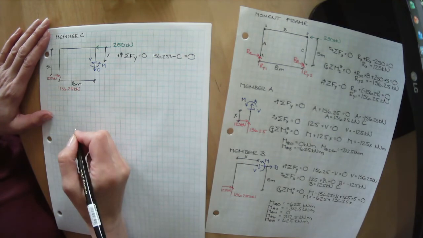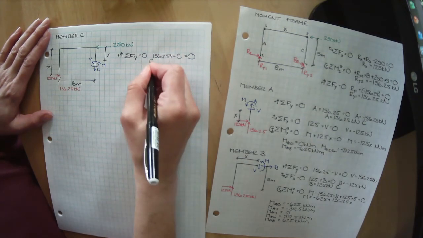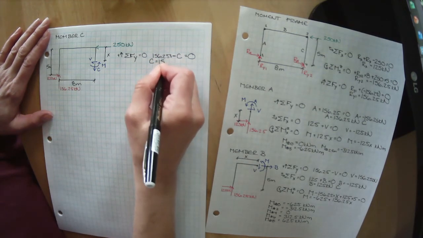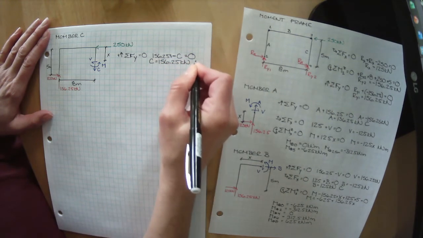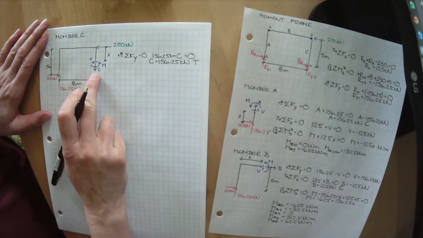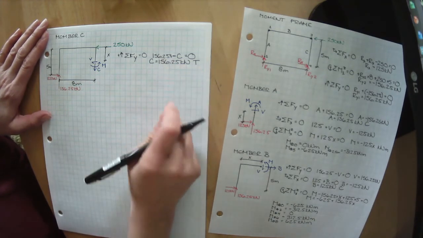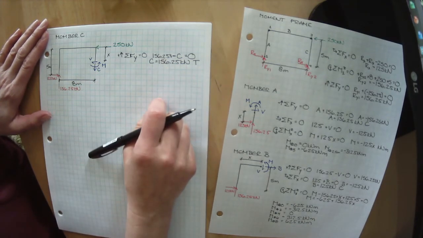Must be equal to 0. C equals 156.25 kilonewtons, and we guessed that it was in tension, and we got a positive value, so it is in tension.